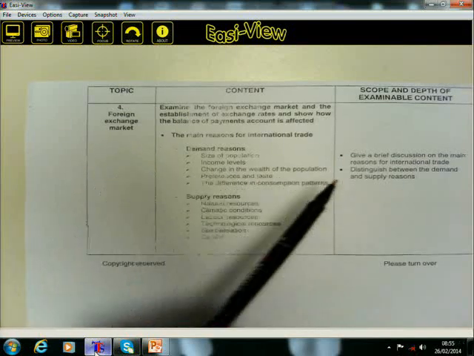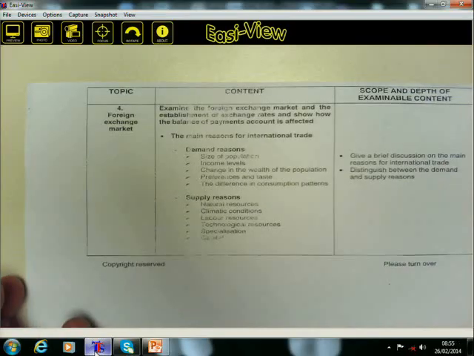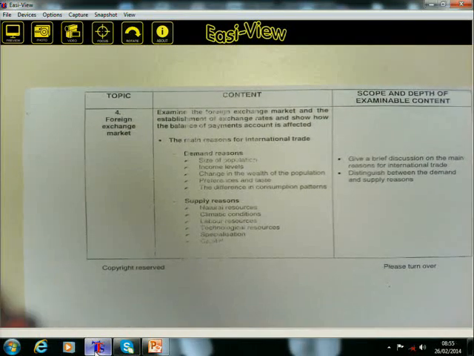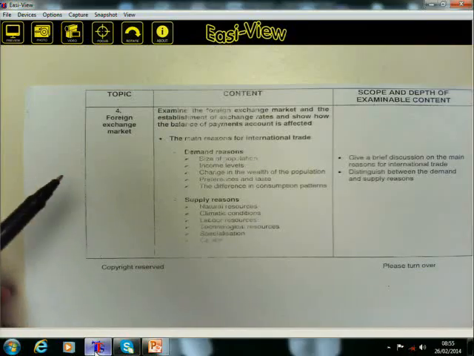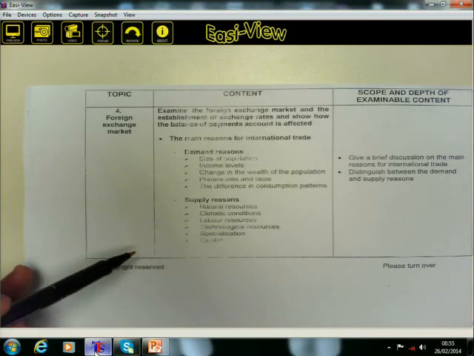You must give a brief discussion on the main reasons for international trading. You must also be able to distinguish between the demand and supply reasons. That is why I was saying you need to have an examination guideline, meaning that it guides you to know exactly what is expected from you.